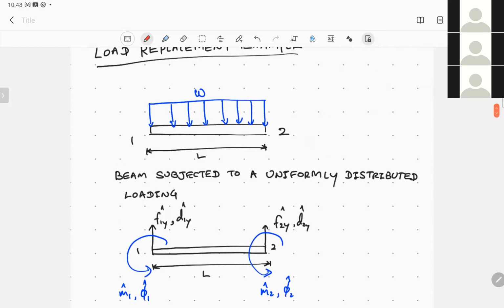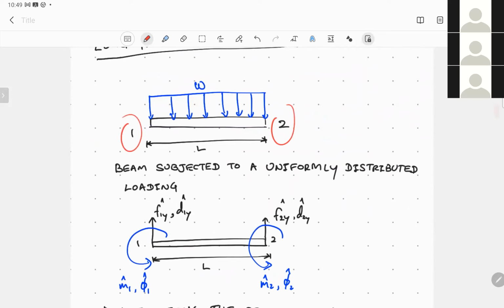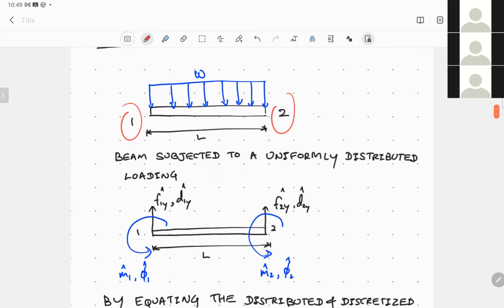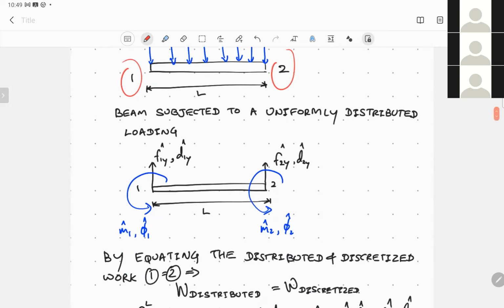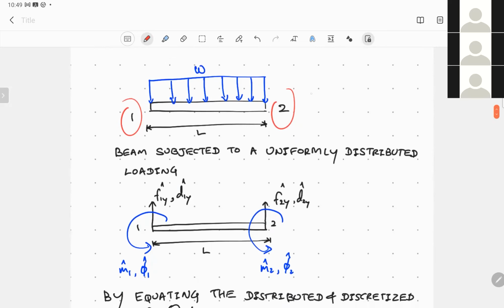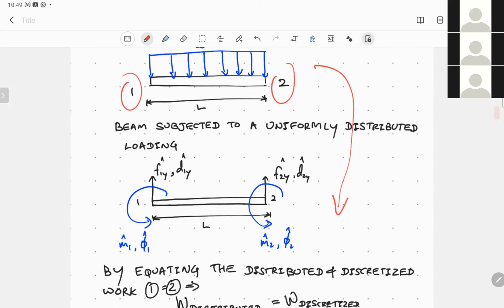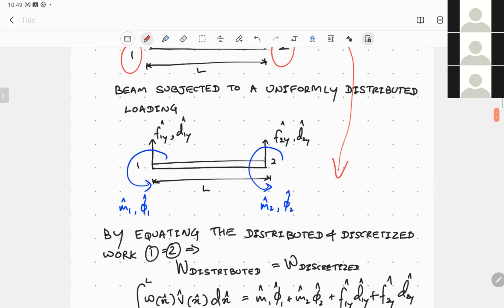Let's do a force replacement example. Consider a simple beam element having a distributed load W, node number 1 and node number 2, having a length L. And now we would like to represent this distributed load using nodal forces and moments. So we assume this uniformly distributed load along the beam can be segmented into discrete loads in this way.